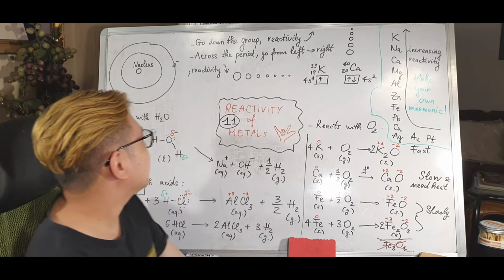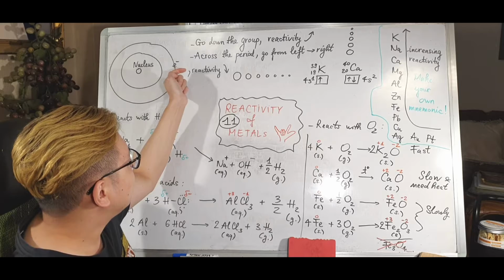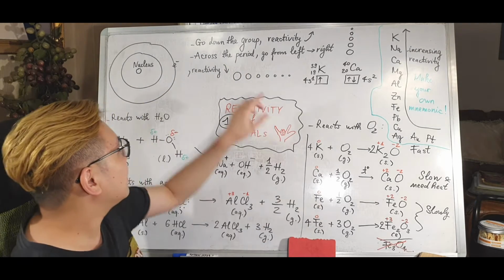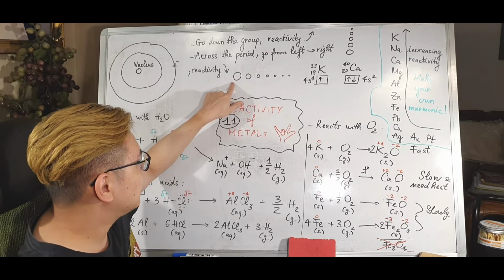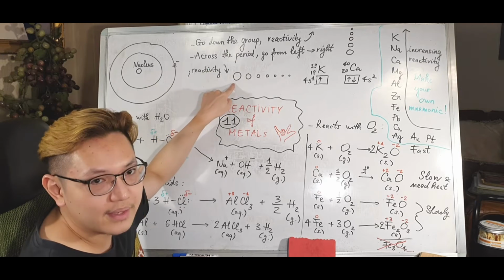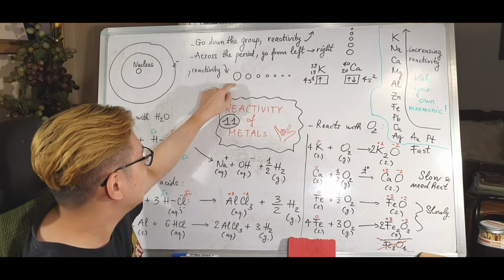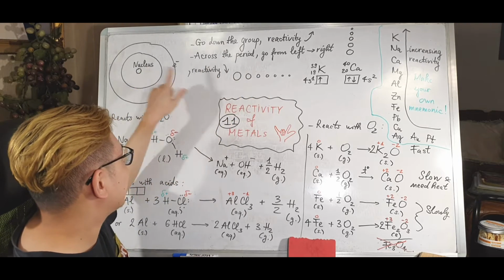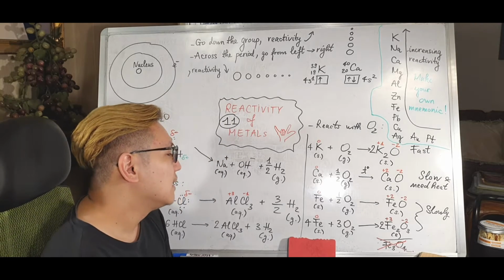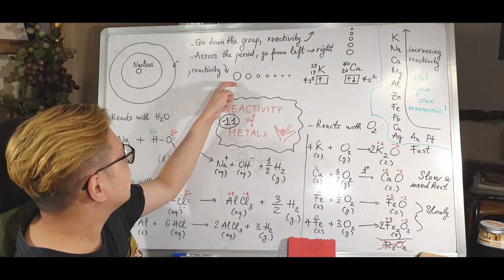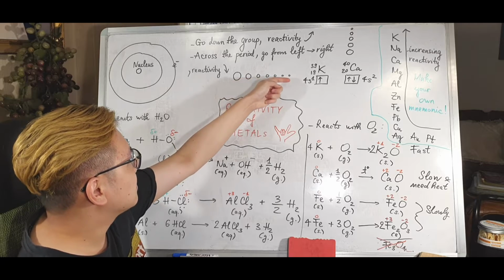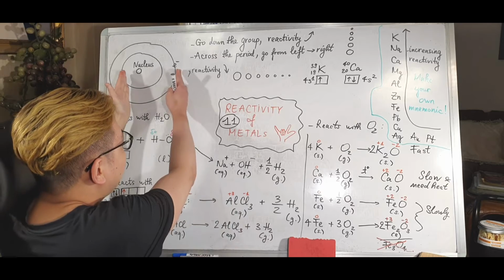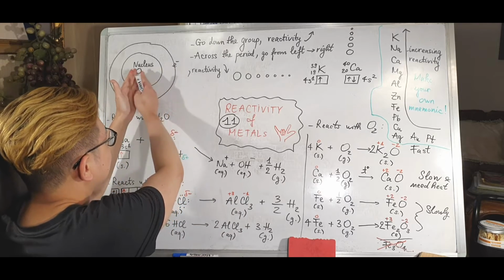Now let's look at the second one. When you go from the left to the right across the period, reactivity decreases. But why? As you look at the periodic table, there's a trend of atomic radius, or radii, which keeps decreasing, right? So the same logic can be applied here. As you go from the left to the right, the atomic radius decreases, so the distance between the outermost shell and the nucleus keeps decreasing.